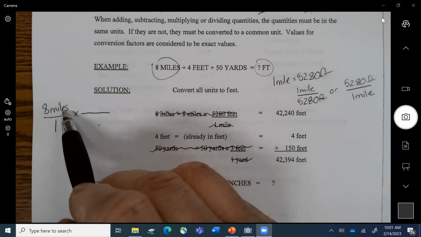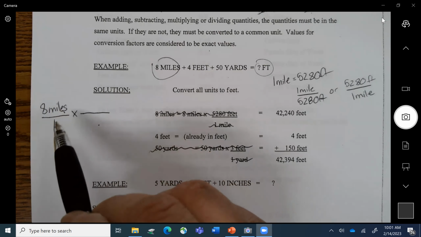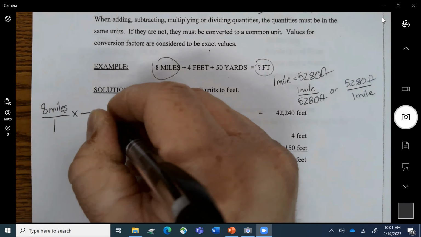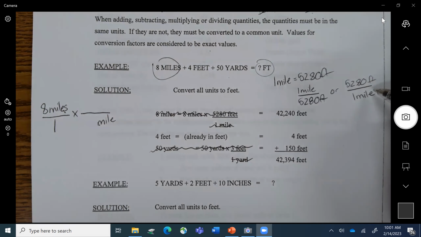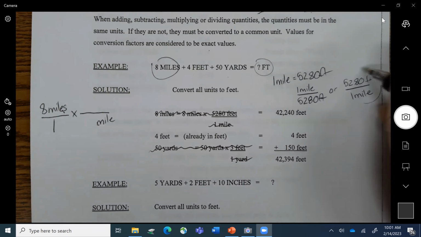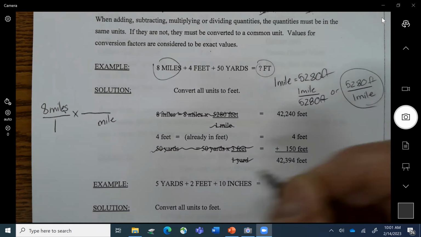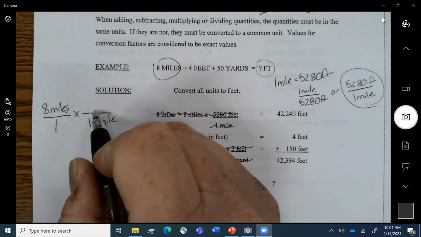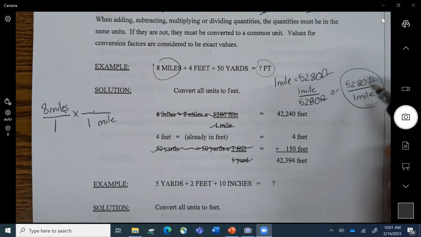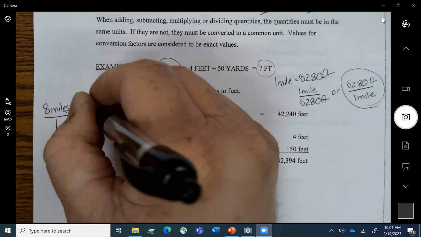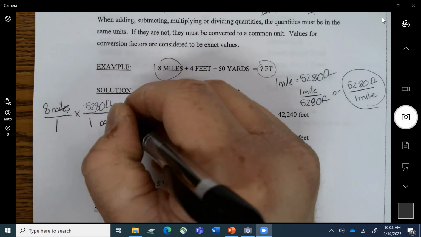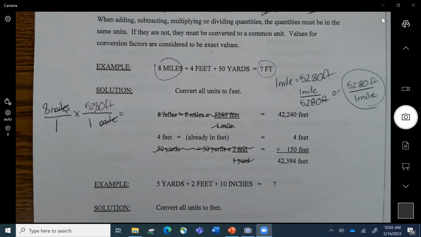So look at my units here. I have miles on the top, so where would miles have to be to cancel? Miles would have to be on the bottom. And if you wrote your fractions out, which of these two has miles on the bottom? Well, it looks like it's this one. So I'm going to put 1 mile on the bottom. And then what would I put up here? What's attached to it here? 5,280 feet. Miles cancels. And then you're left with this.